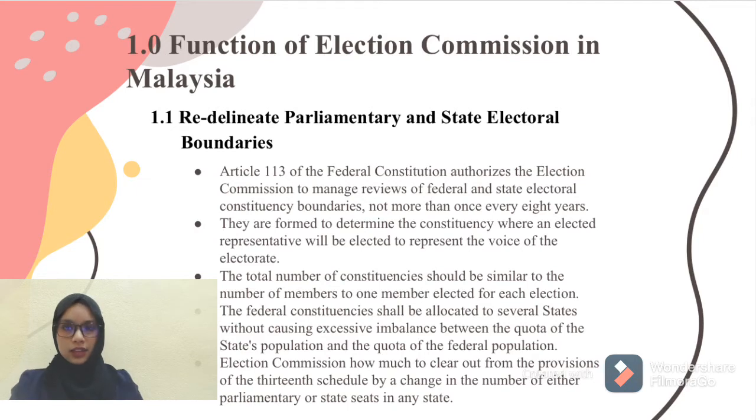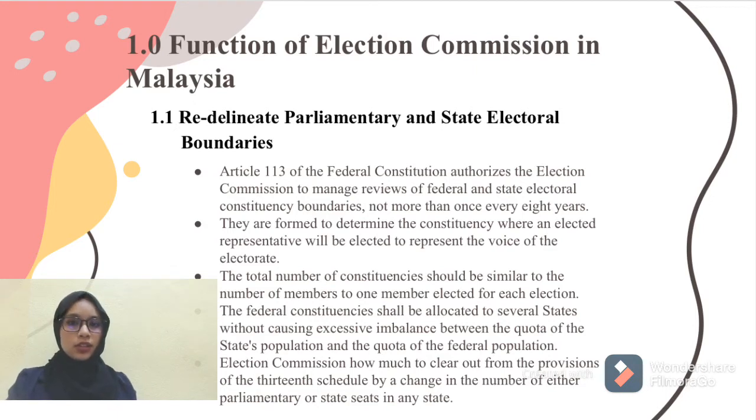Other than that, each state shall be divided into constituencies in such a manner that each constituency contains a number of voters which is close to the state electoral quota, by making appropriate allowance for the differences in race-related divisions and population quantity.